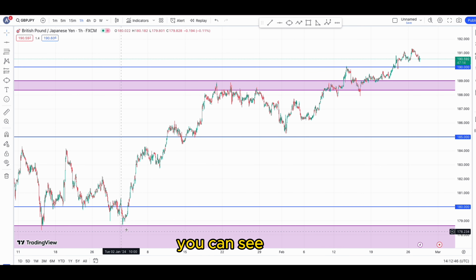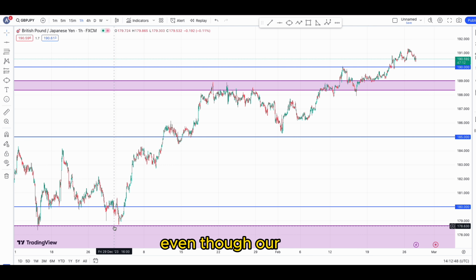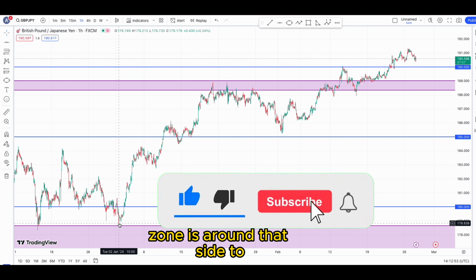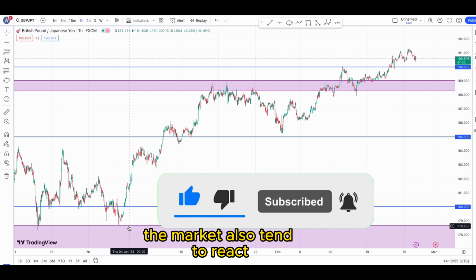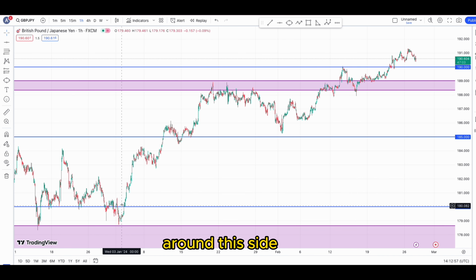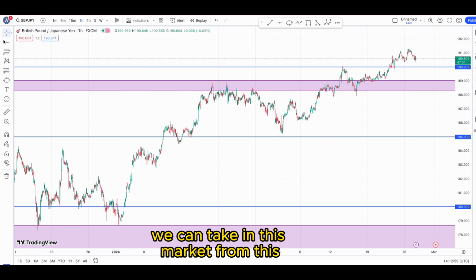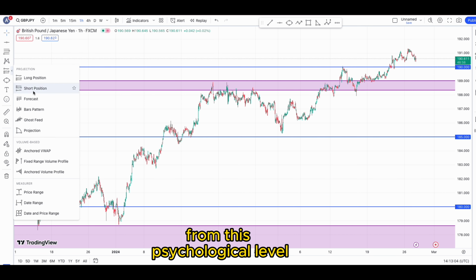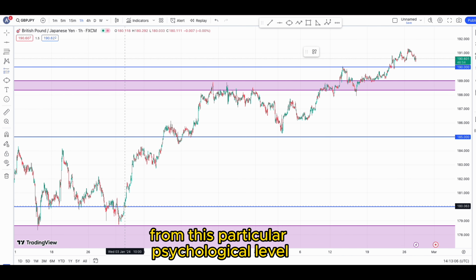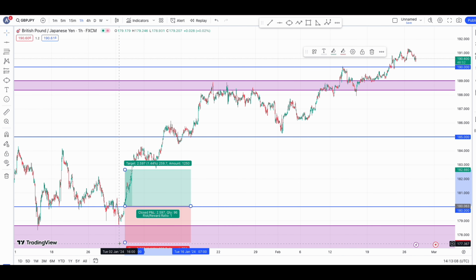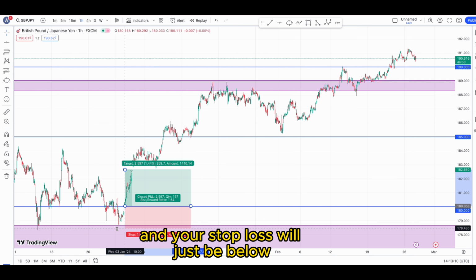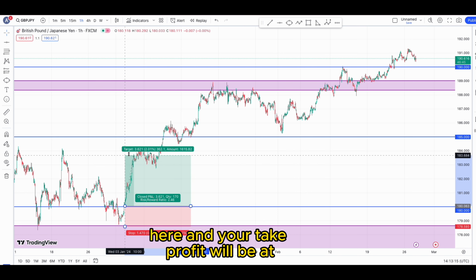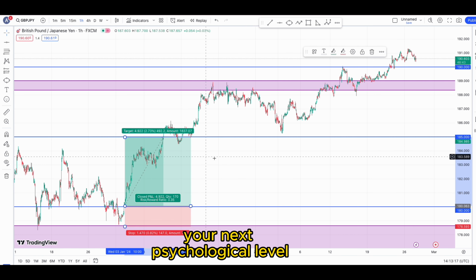Even though our daily zone is around that side too, the market also tends to react around this side, and we can take in this market from this particular psychological level. Your stop loss will just be below here, and your take profit will be at your next psychological level.